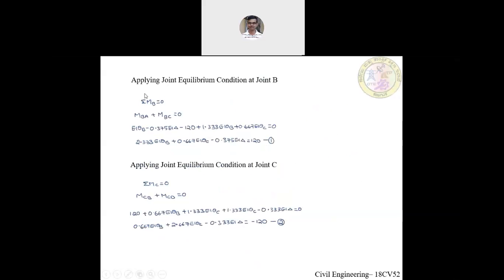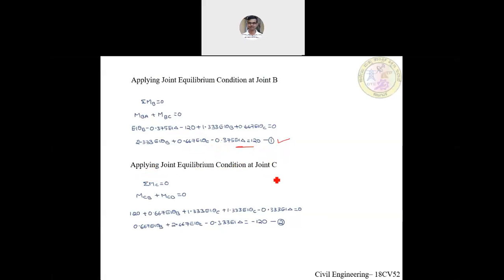Let us apply the joint equilibrium condition at B, which, as I said, is the summation of moment about B equal to 0. MBA plus MBC is equal to 0. On substituting MBA and MBC, we'll get the equation 2.333 EI theta B plus 0.667 EI theta C minus 0.375 EI delta is equal to 120. Now we are calling this equation 1.